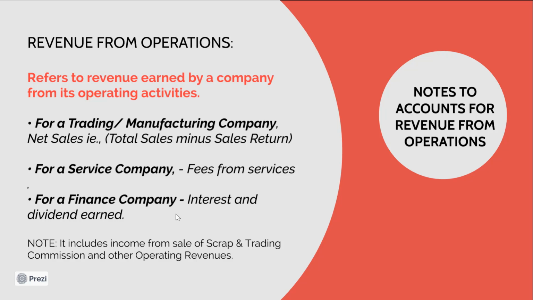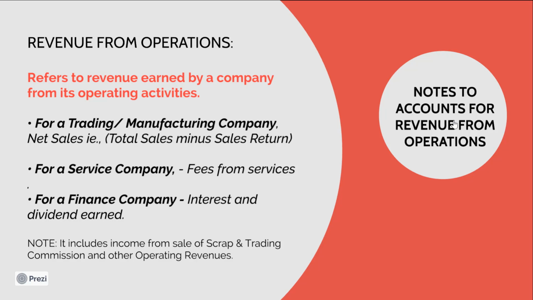And in the case of a finance company, revenue from operations is interest received and dividend earned. Please note, we need to include income from sale of scrap as well as trading commission and other operating revenues.